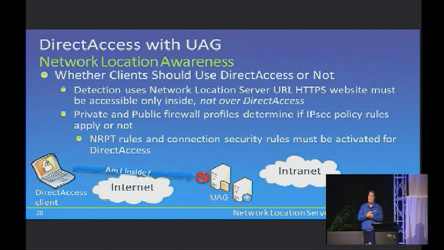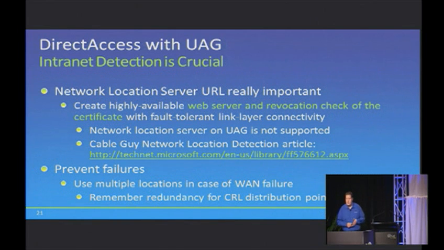With just a plain, publicly available URL to figure out if you're outside of your own network, a plain DDoS and your clients would be out of the game quite easily. So this is the reason the network location server must be always on, and it should be a really highly available server.